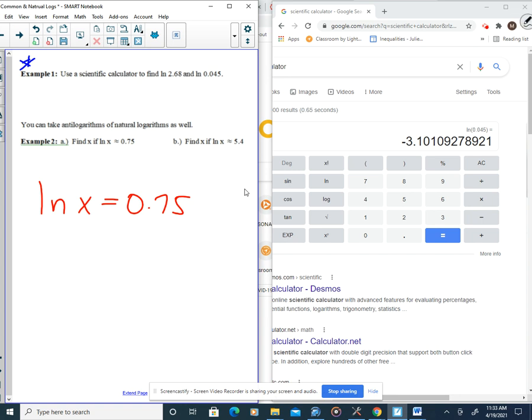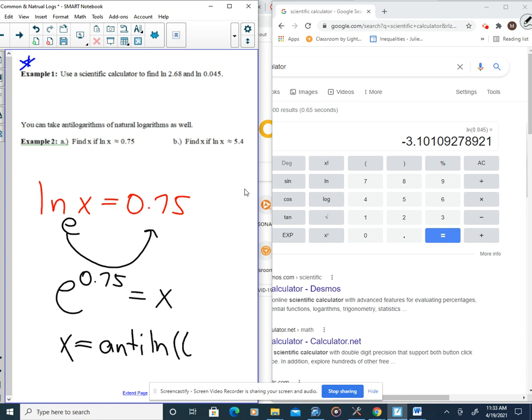This is a natural log, so my base is e. So what I would do is e to the 0.75 power is equal to x. Or another way I can write that is x is equal to the anti-natural log of 0.75. That just means your base, e, raised to the 0.75 power.